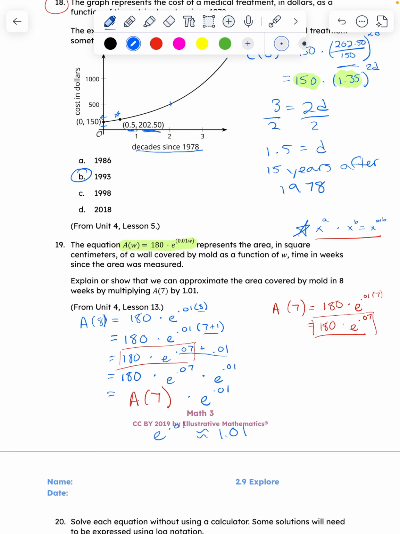So I've shown, with a deduction, right, that when we take a of 7 and multiply by 1.01, we get a of 8. I can just, for completeness, write this as a of 8 equals. That's my proof.